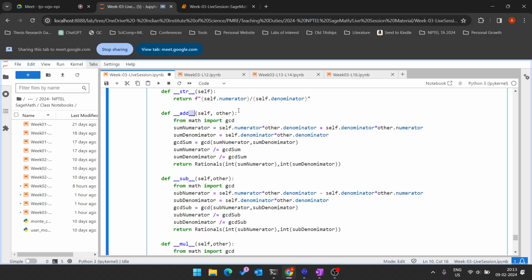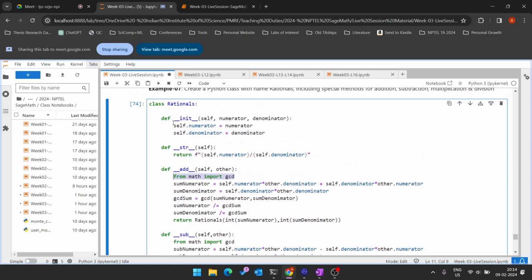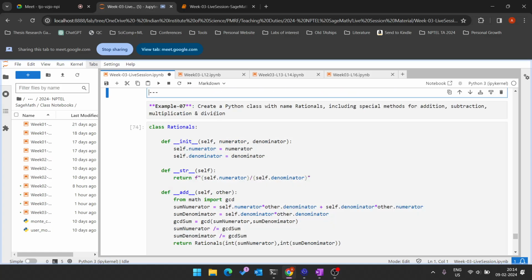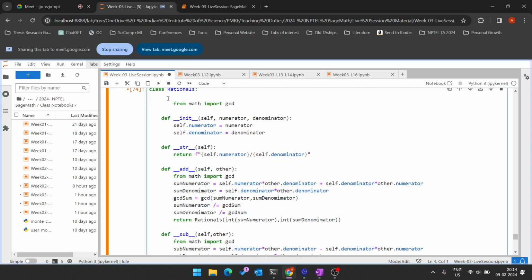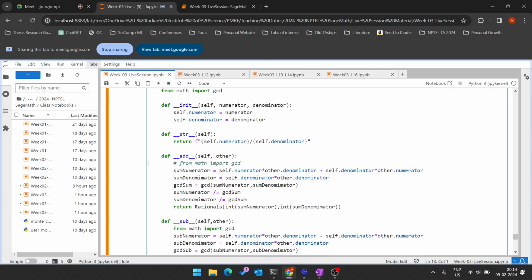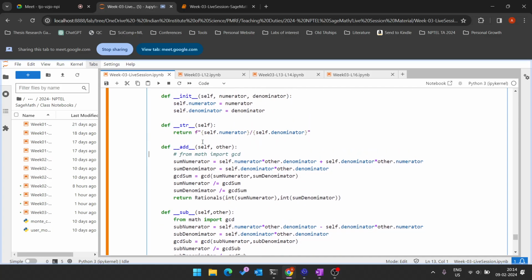Suppose I do not include this import of GCD from math here, and instead I need to place this import inside my addition function. If I remove it from the addition function, it won't work. But before that, we'll look at how our addition works.